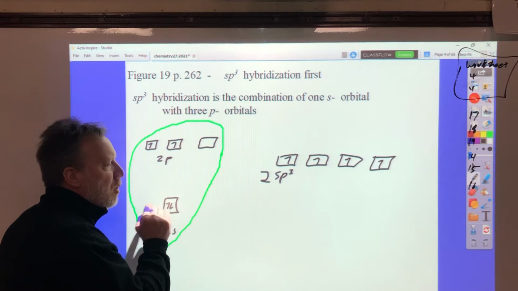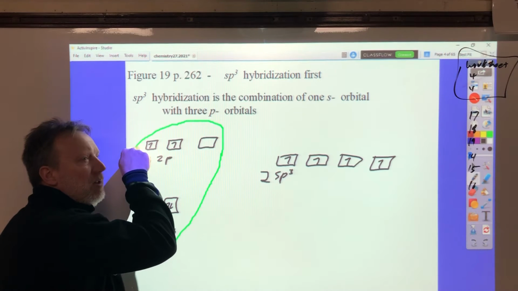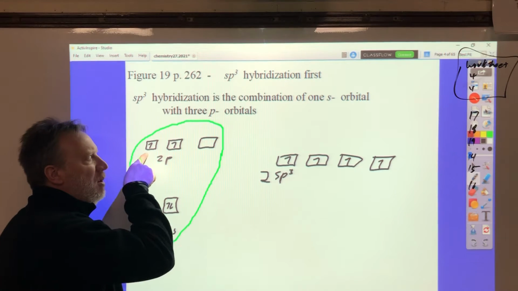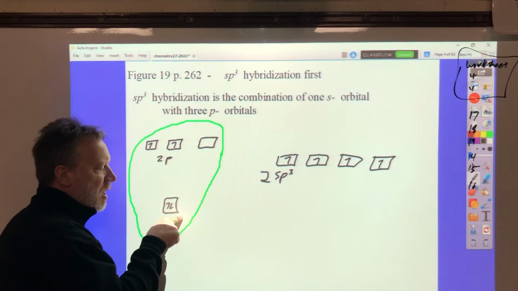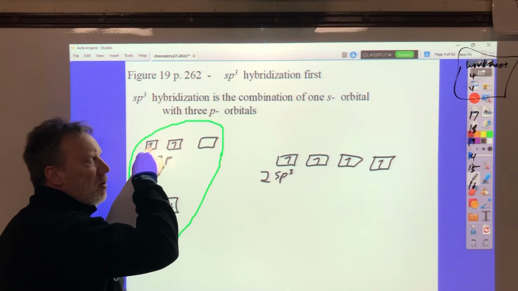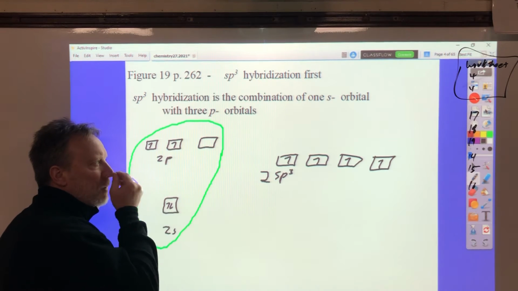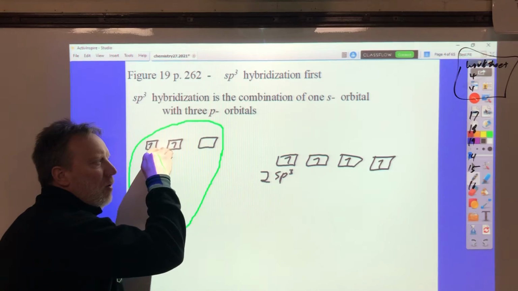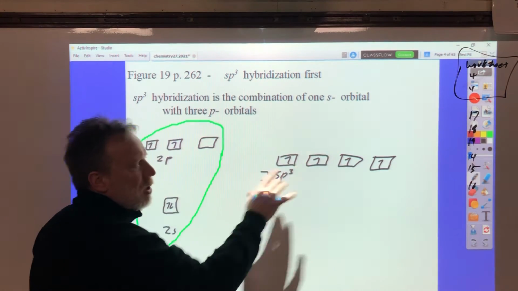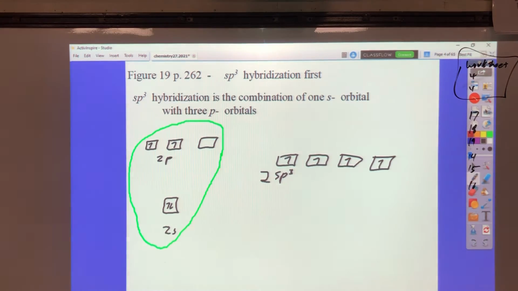If you are looking at energy levels up here, this is higher. So to have p orbitals, which are higher energy than s orbitals, with 2 electrons here and 2 down here, that is more energy overall than having hybrid orbitals.